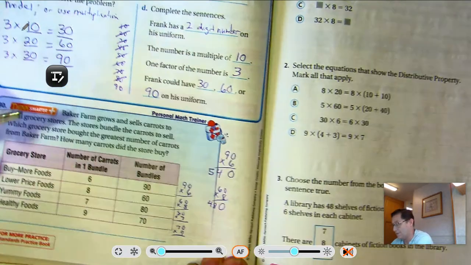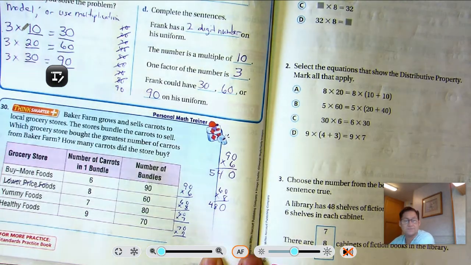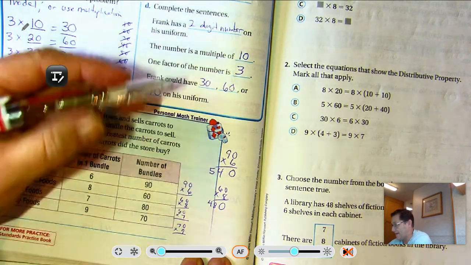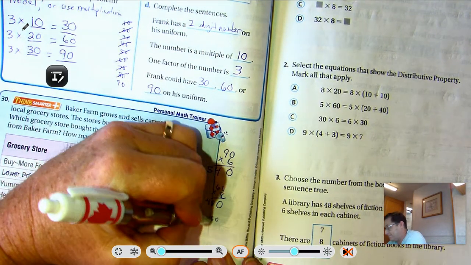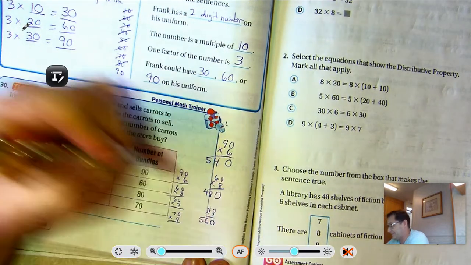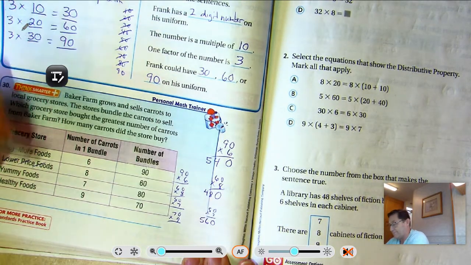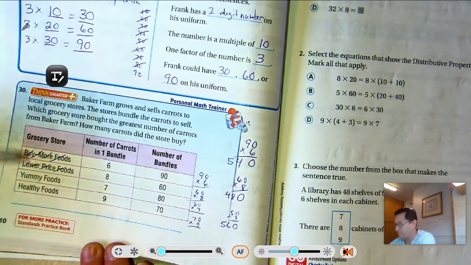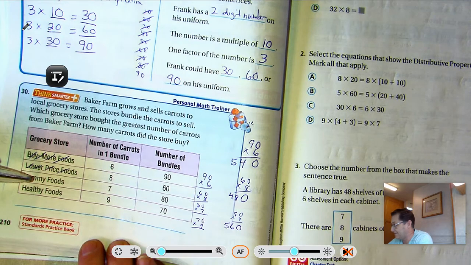Okay, so we know it wasn't Lower Price Foods because Buy More has more than that. 80 times 7. 7 times 0 is 0. 7 times 8 is 56 tens. Okay, so that is more than Buy More. So Yummy Foods bought 560.